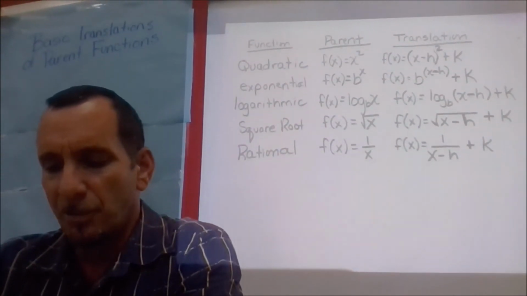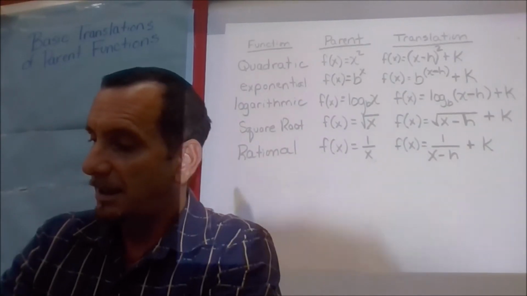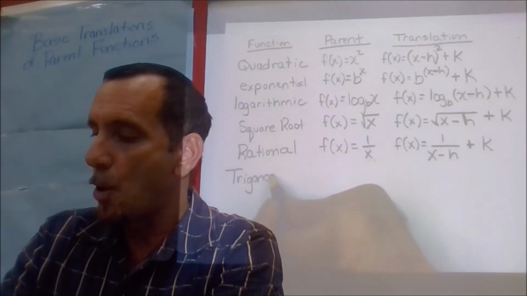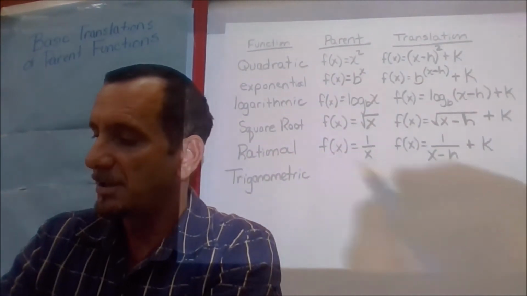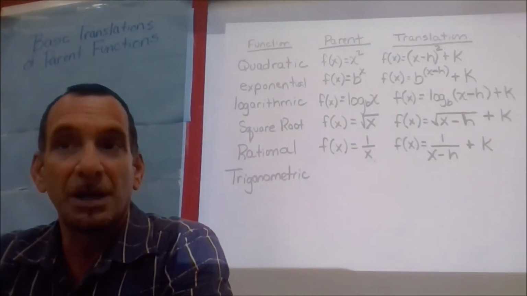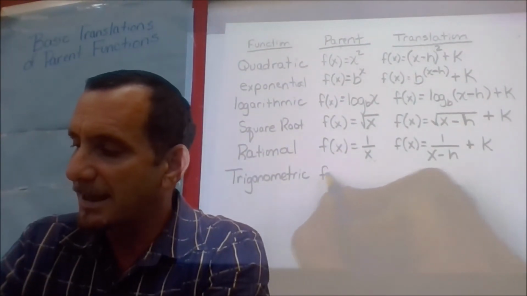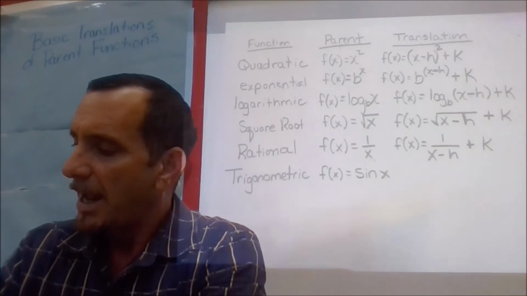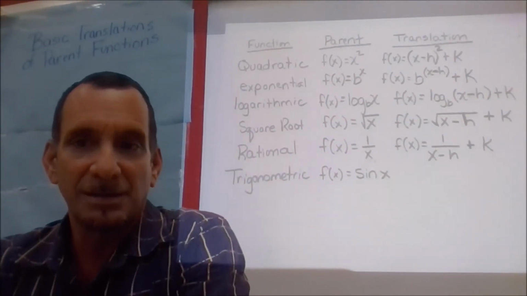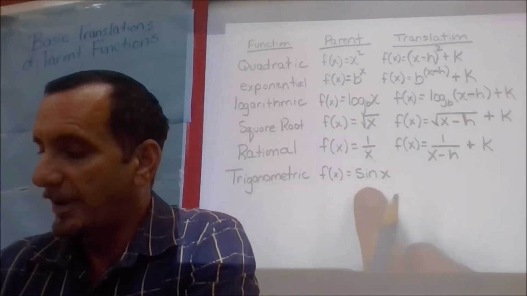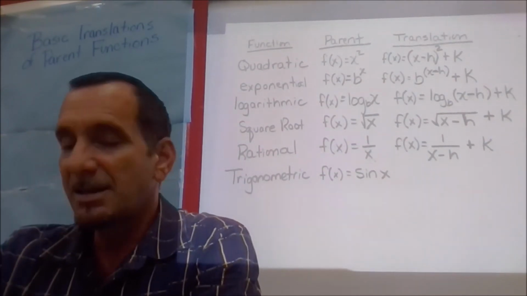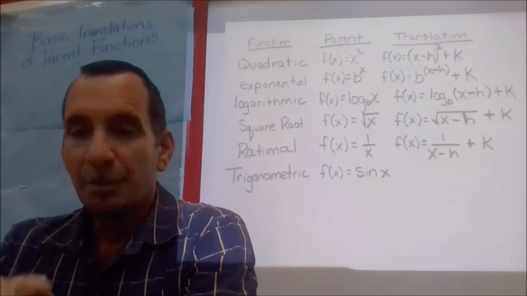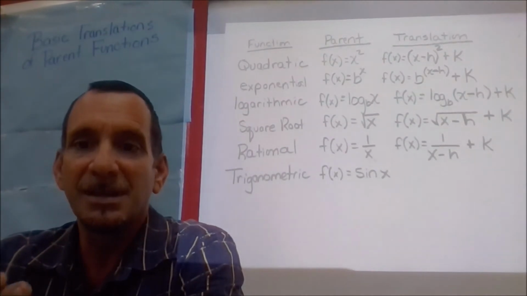And now let's get into a little bit higher level. We can talk about trigonometric functions, and there are many types of trigonometric functions. I'm just going to do the basic sine function. f of x equals the sine of x. And a little bit later on, if you have not studied it, the parent function f of x equals sine of x is a wave, and it has many very cool and interesting properties. But if we wanted to translate it, we would do the same thing.